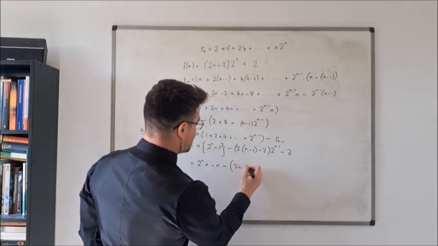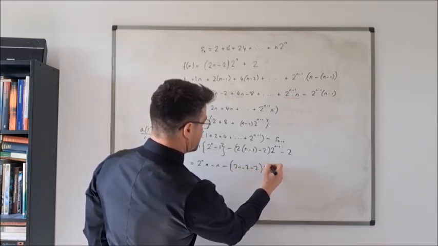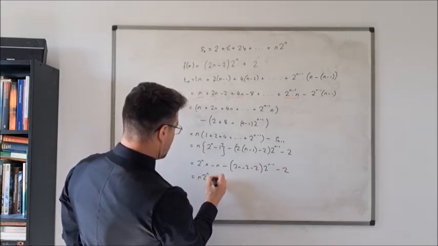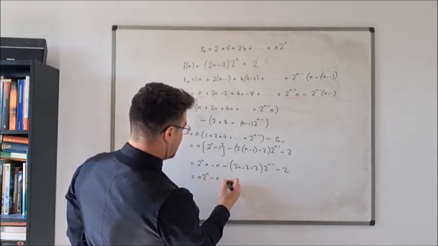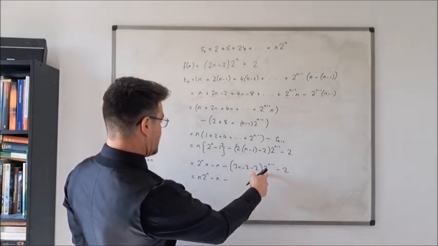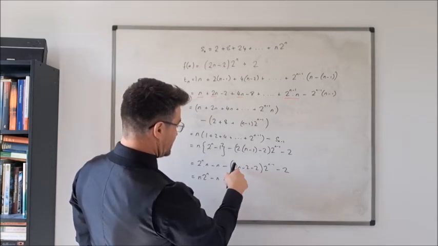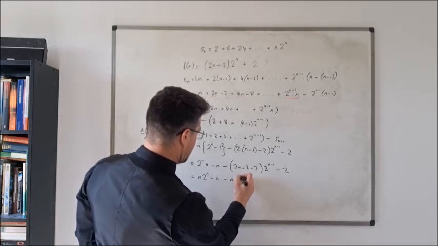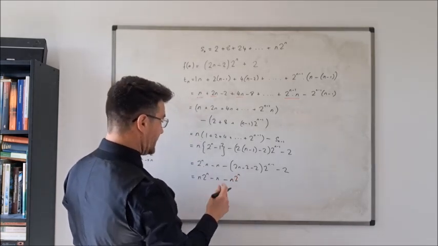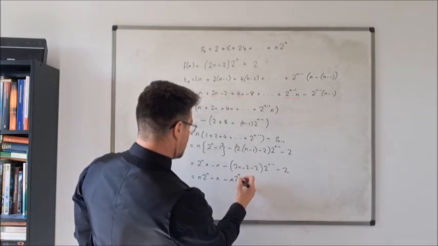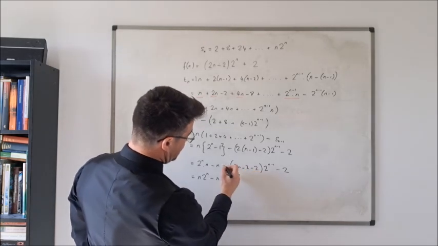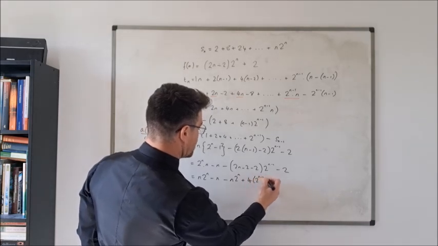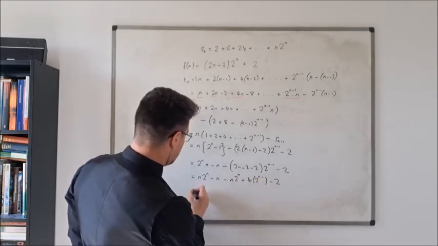So n times 2 to the power of n, minus n, minus 2 times 2 to the power of n minus 1, minus 2, equals n times 2 to the power of n minus n minus, so twice n times 2 to the power of n minus 1 is going to be n times 2 to the power of n, minus, plus, so that's going to be minus 4 plus 4 times 2 to the power of n minus 1, minus 2.